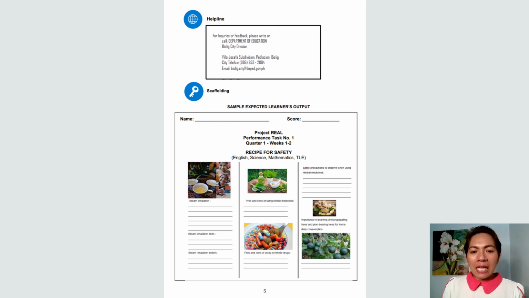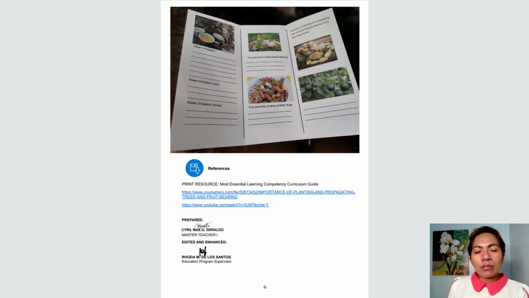So, doon pala sa ating previous na direction, pwede nating lagyan. Kindly improve that, no? Pwede lagyan. You can print your module through a laptop computer or you can just draw your module like this on a bond paper, of course. And then, ito na po, yung cell, trifold siya.